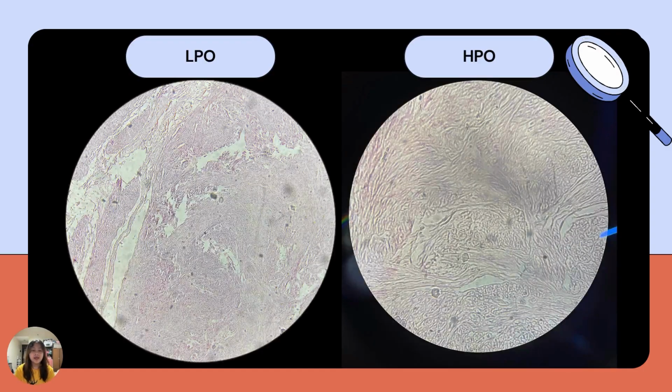And eto, ayan, the one on the left is LPO and the one on the right is HPO. So, ma-appreciate niyo siya sa LPO, ayan, yung tinatawag natin na smooth muscle cells na may interlacing pattern. And then sa HPO, ayan nakikita niyo yung mga lines nila, yung pattern nila na nag-interlace sila sa isa't isa.